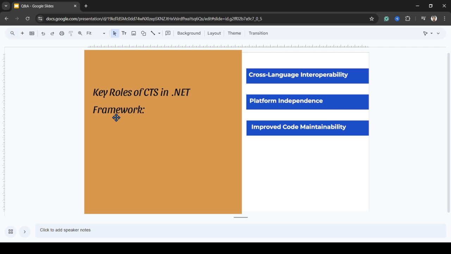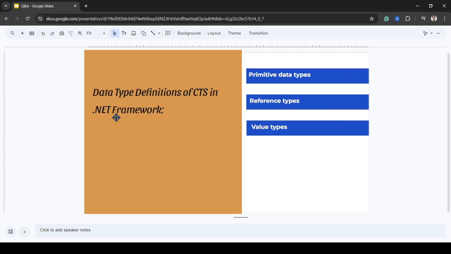Now we discussed that there is a set of data types which are defined in CTS. So what are these kinds of data type definitions that are available in CTS? Let's look into it.